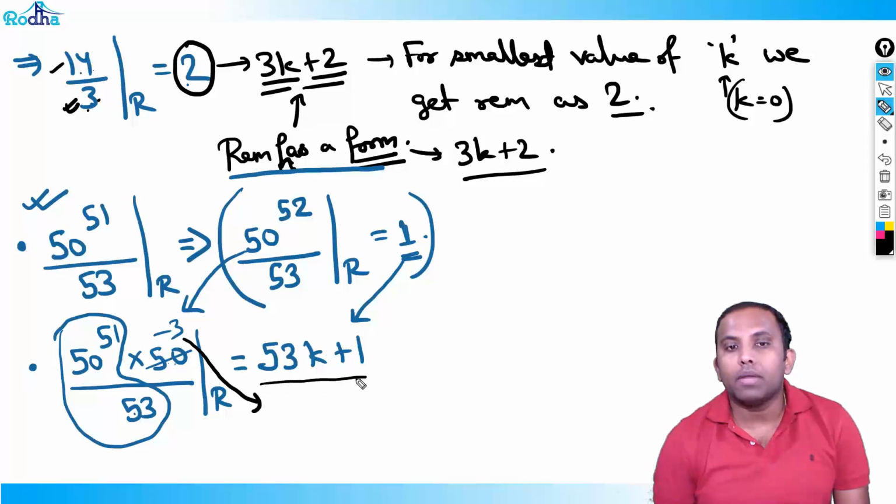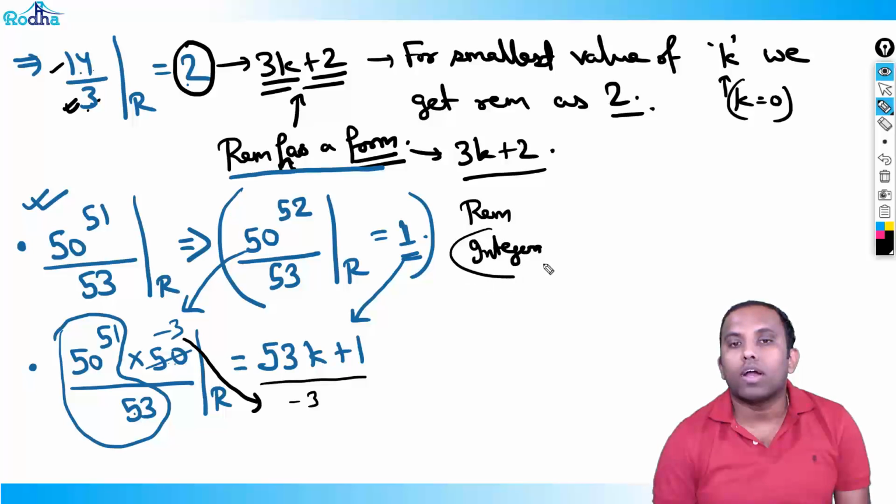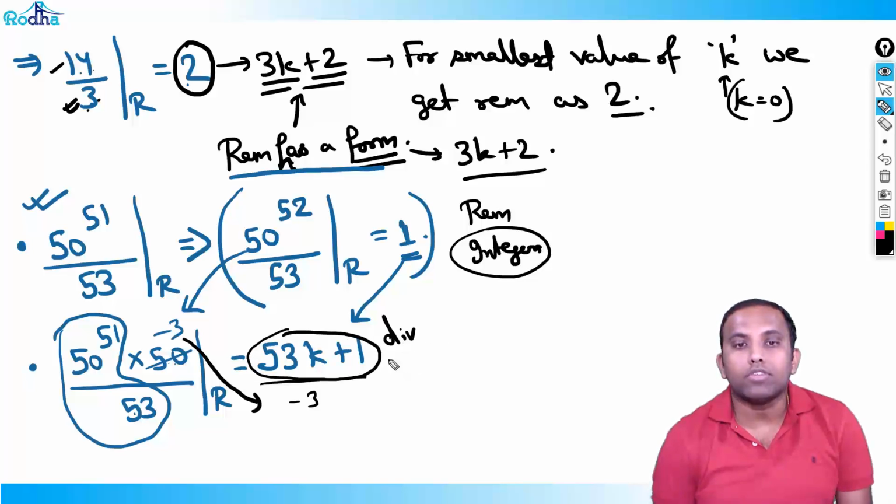It will be divided by this minus 3. But remainders are always integers, so I want this 53k plus 1 to be divisible by 3. Write such a value of k such that it is divisible by 3.